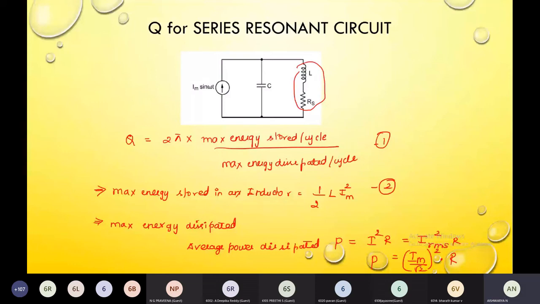From this you find power, from this you find energy. Take this equation as 3. Find out the energy and substitute in Q, find out the answer.